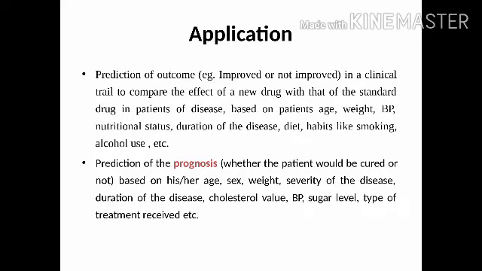Another example is prediction of prognosis, whether the patient would be cured or not, based on his or her age, sex, weight, severity of the disease, duration of the disease, cholesterol value, BP, sugar level, type of treatment received, etc.